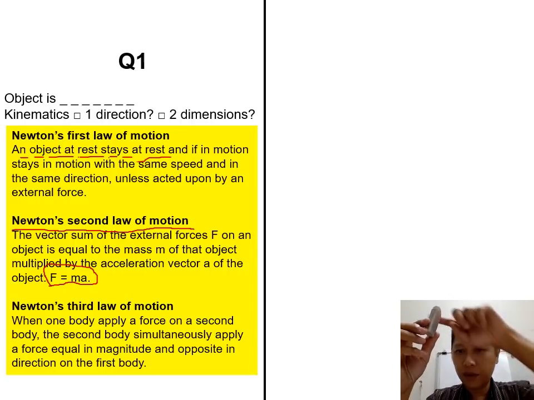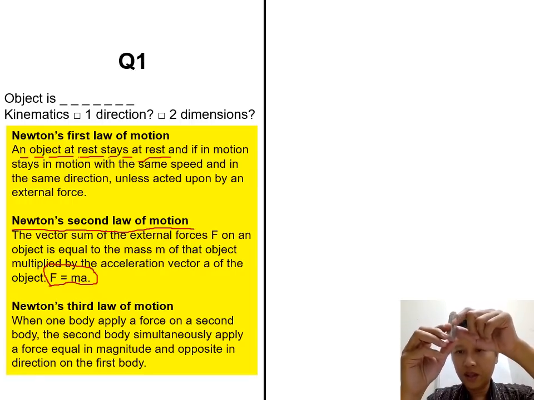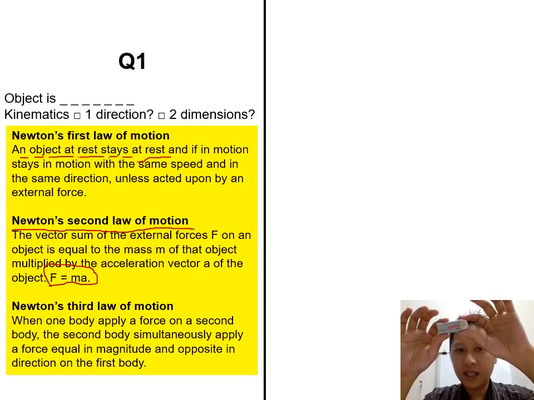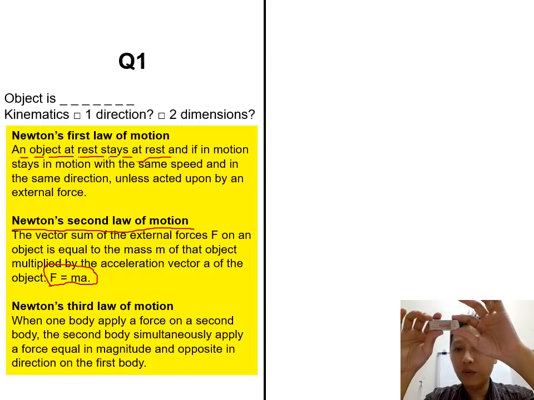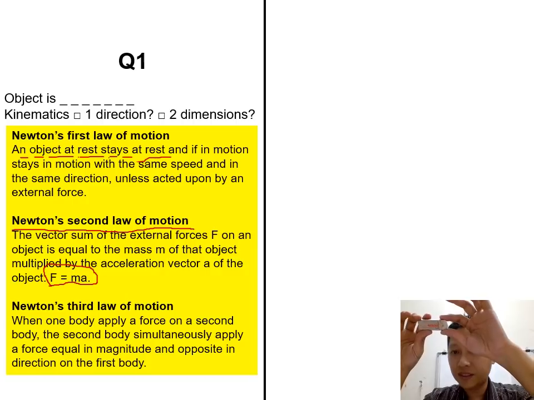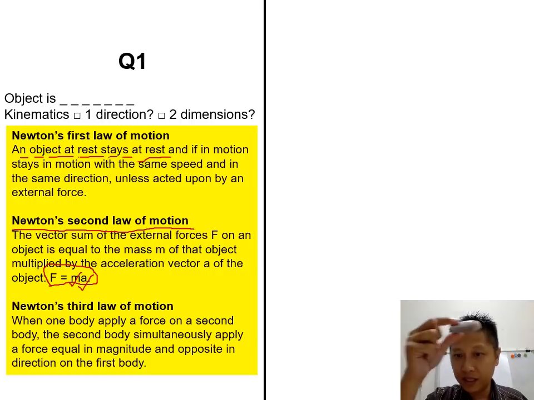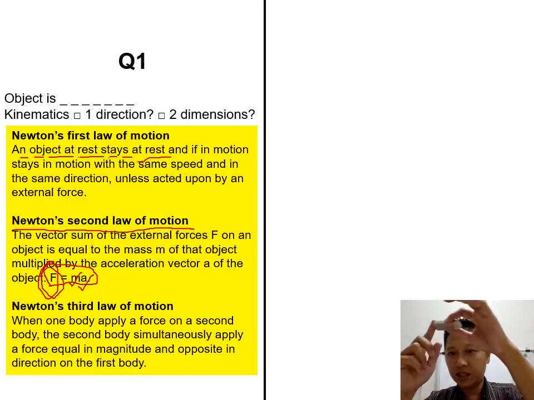What's the force applied to the rubber to make it move? m is the weight of the rubber, and a is the acceleration of the rubber. Is it moving faster and faster, or is it moving at a constant speed? If we know the weight of the rubber and its acceleration, we can calculate the total force applied to the rubber here.